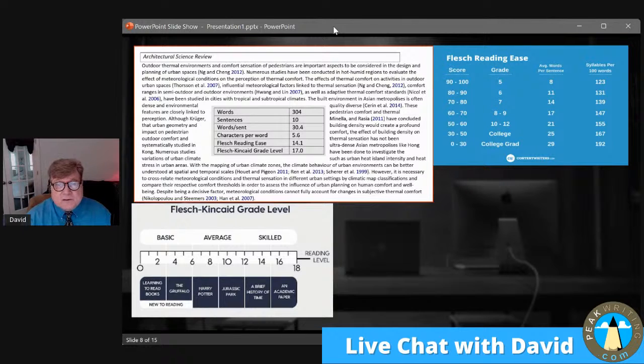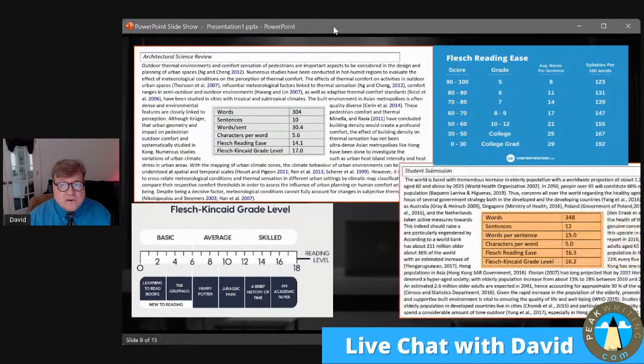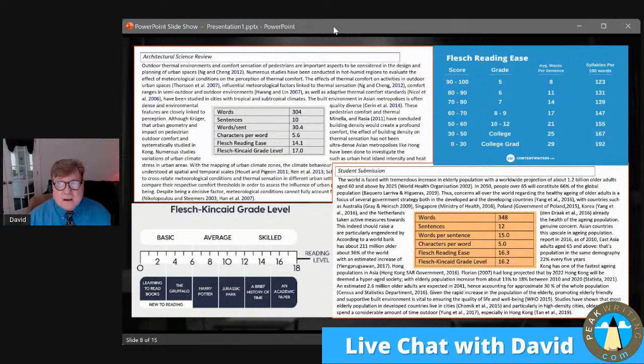So this professor's Flesch-Kincaid grade level score was 17, which is almost exactly in the middle of where an academic paper should be. So everything's totally on track here. Everything is totally on target in terms of being an academic journal article. Okay. Then I performed the same analysis on the student's writing. And here is what I found.